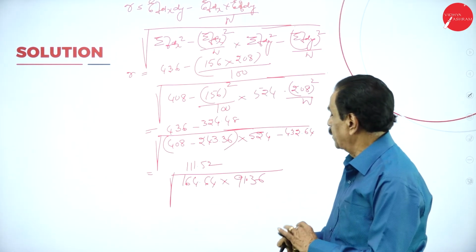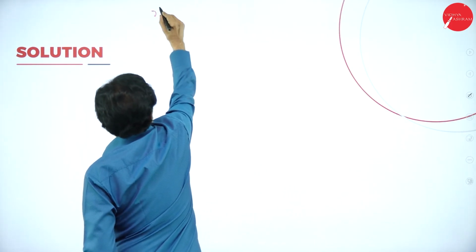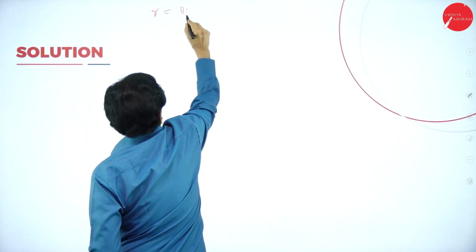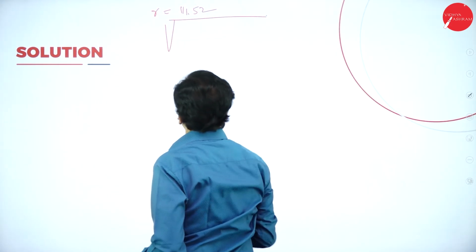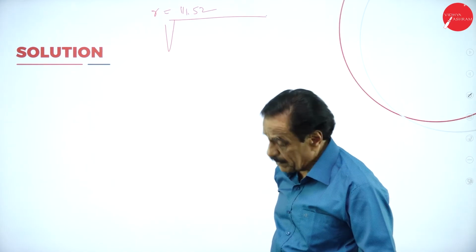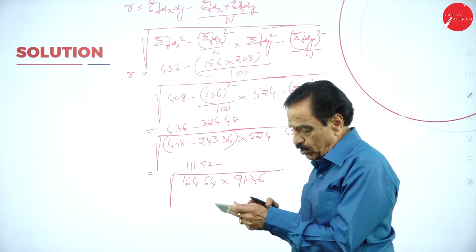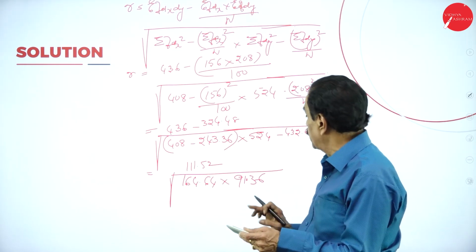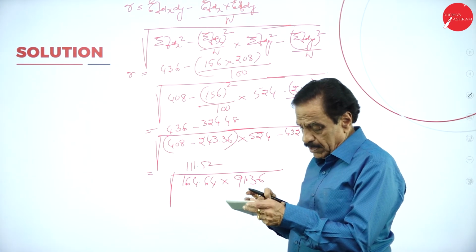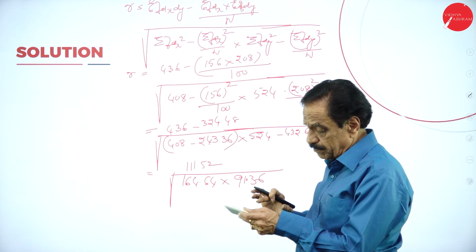Next now, R is equal to 111.52 divided by root of, multiply this, 164.64 into 91.36.